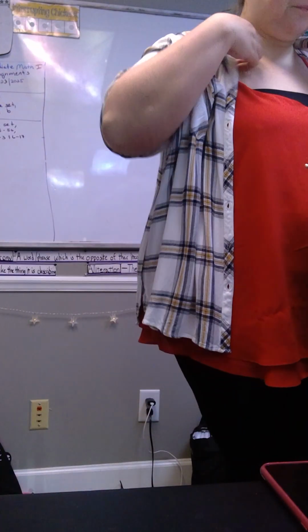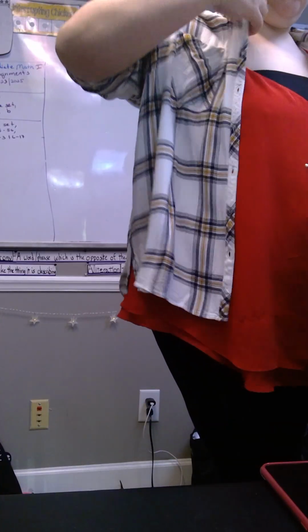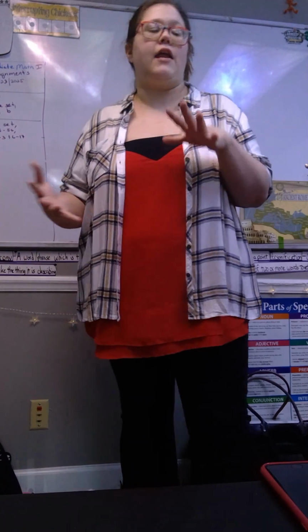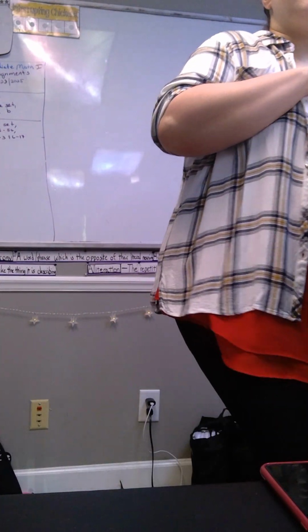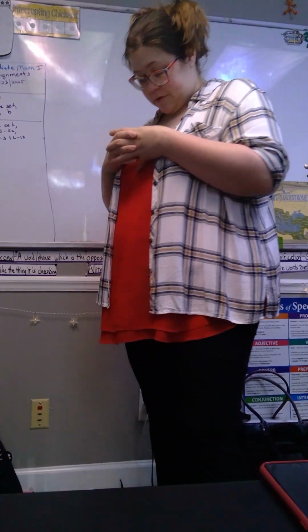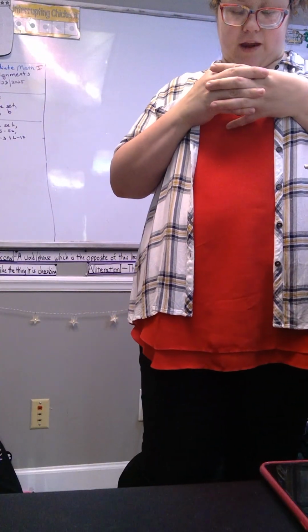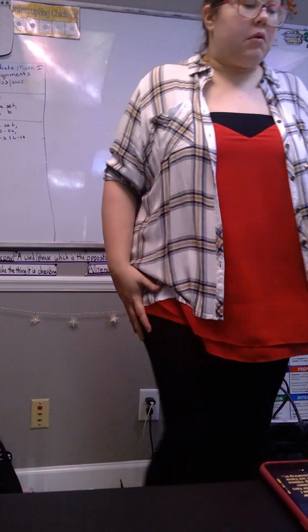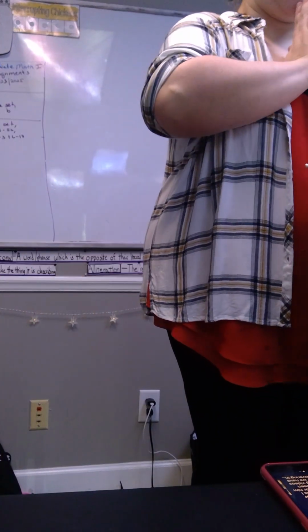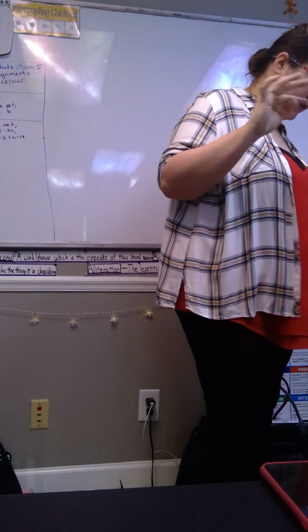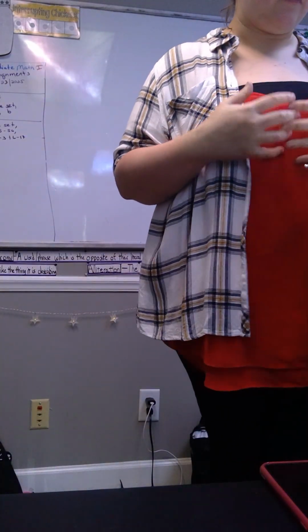Okay. So we're going to be talking about experiments and how to analyze the results of experiments and parts of experiments and all that. Because experimentation is a major part of the scientific method. So the whole point of experiments is to test a hypothesis.